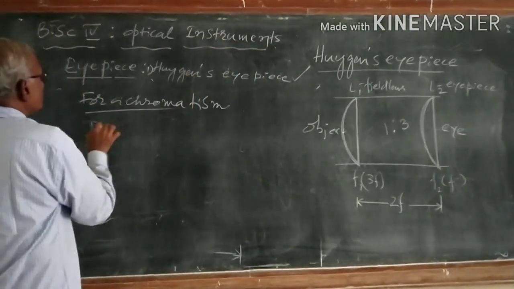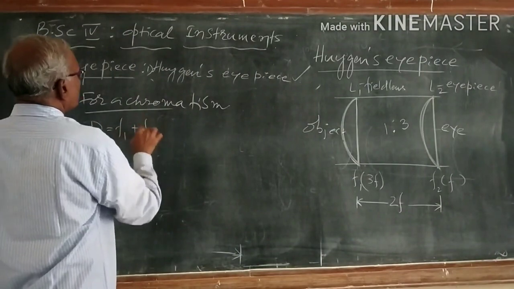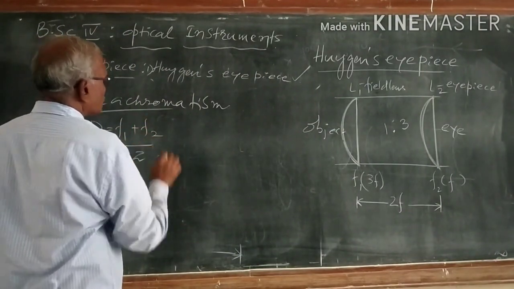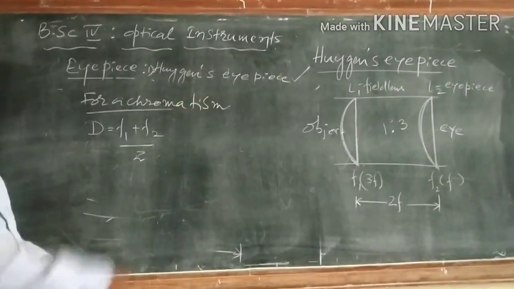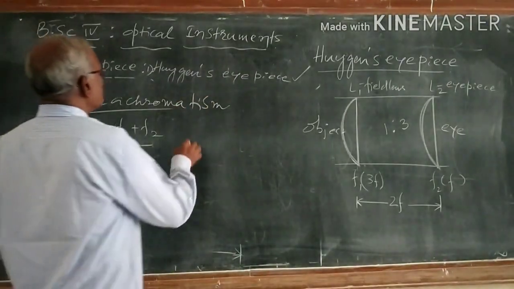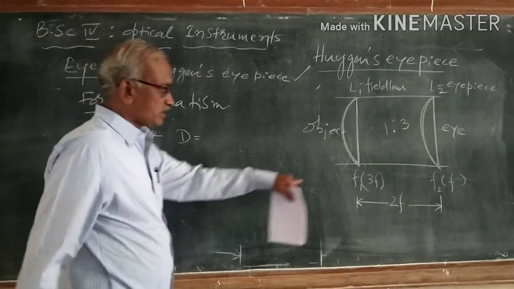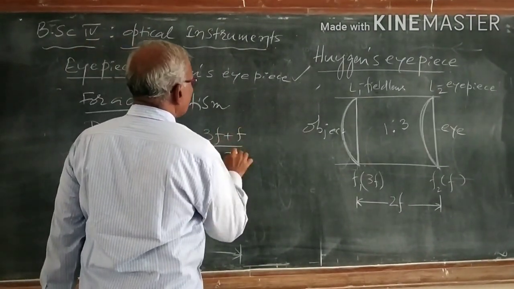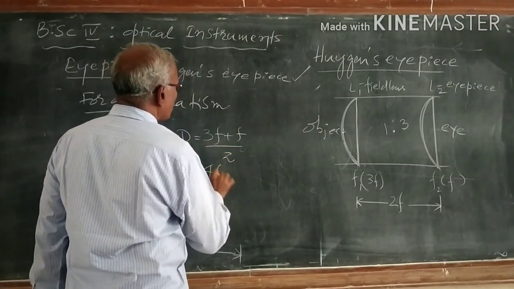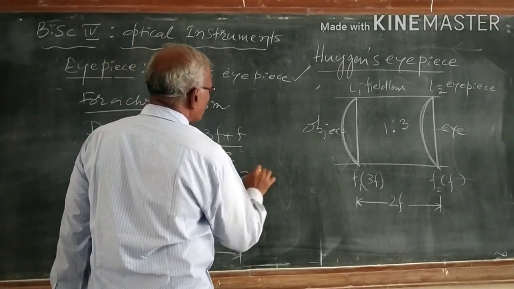So we have some equations: (f1 + f2) divided by 2. This is the sum of the two focal lengths, the field lens and the eye lens, divided by 2. We know it is written on the board. So (3f + f) divided by 2 is equal to 4f divided by 2, which is equal to 2f.